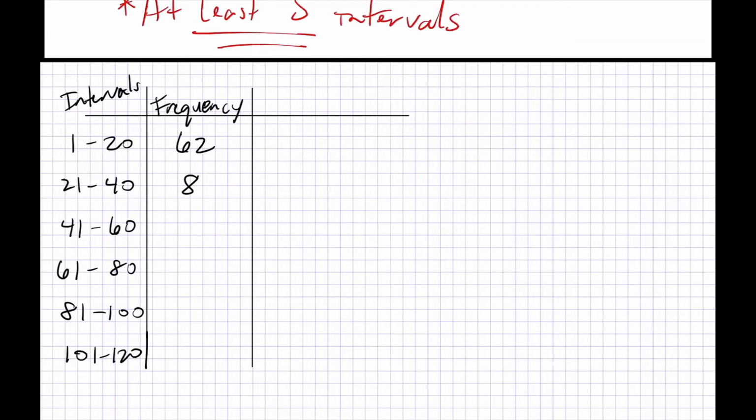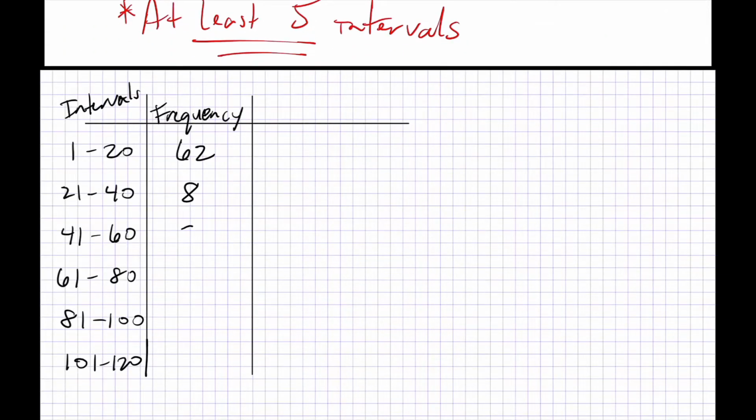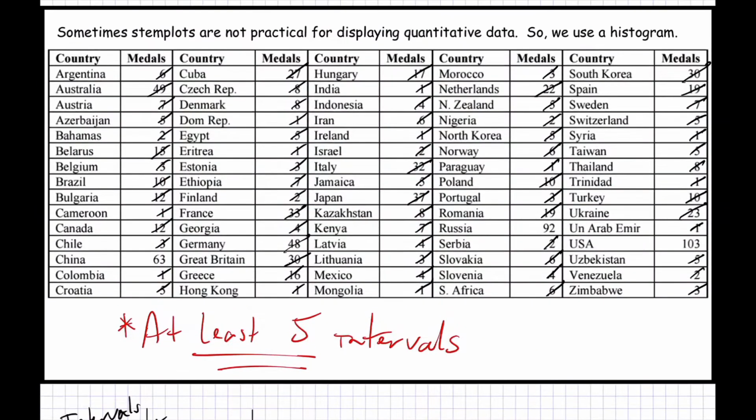So the next one is 41 to 60. I got 2. 61 to 80.